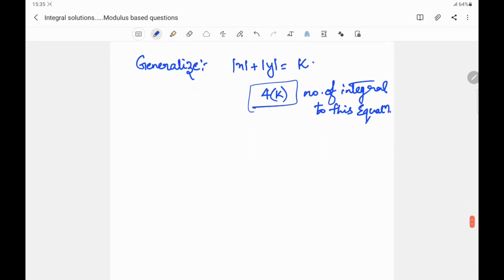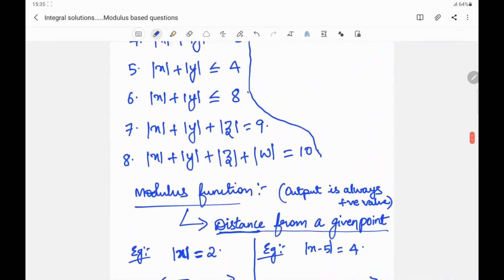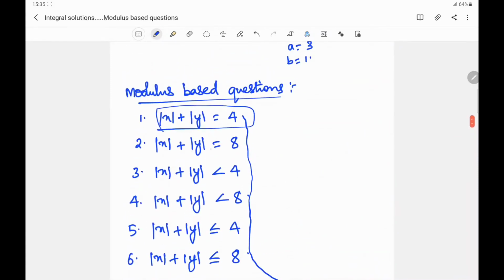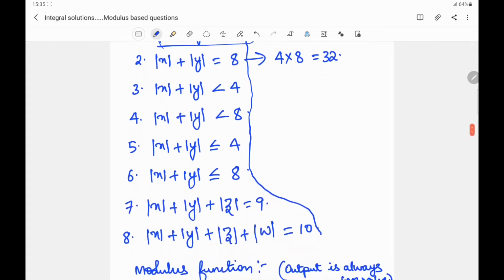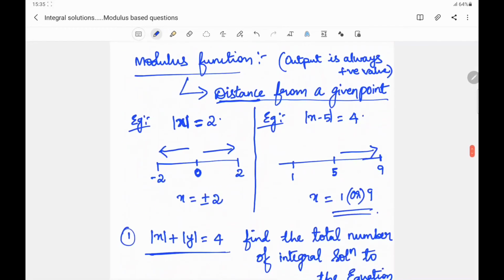Now in the second question which we have written here, modulus of x plus modulus of y is equal to 8. The direct answer to how many integral solutions this equation has is 4 into 8. So this is 32. Now let us look at the third question.